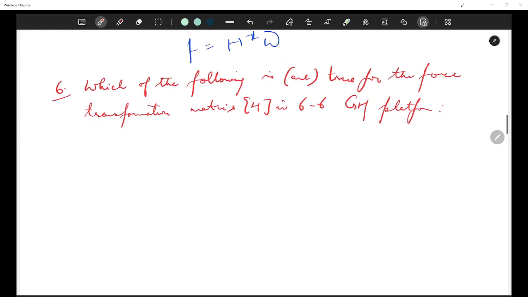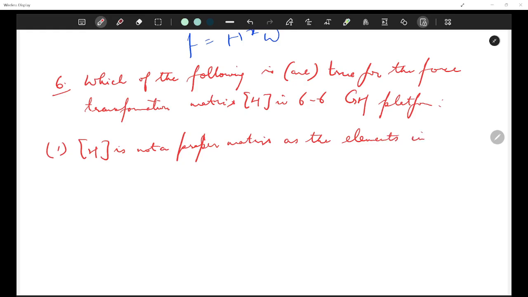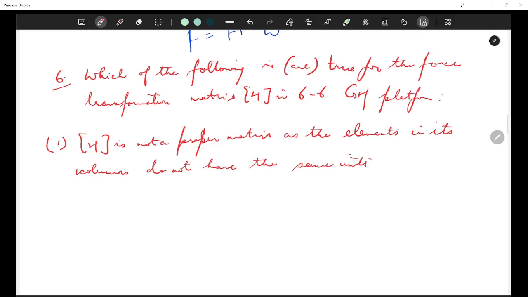Okay. So from here the first option is: H is not a proper matrix as the elements in its column do not have the same units.